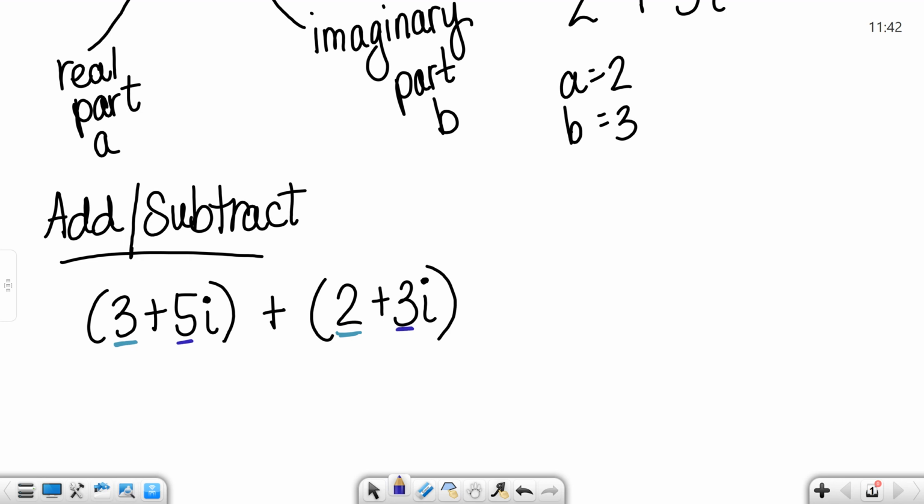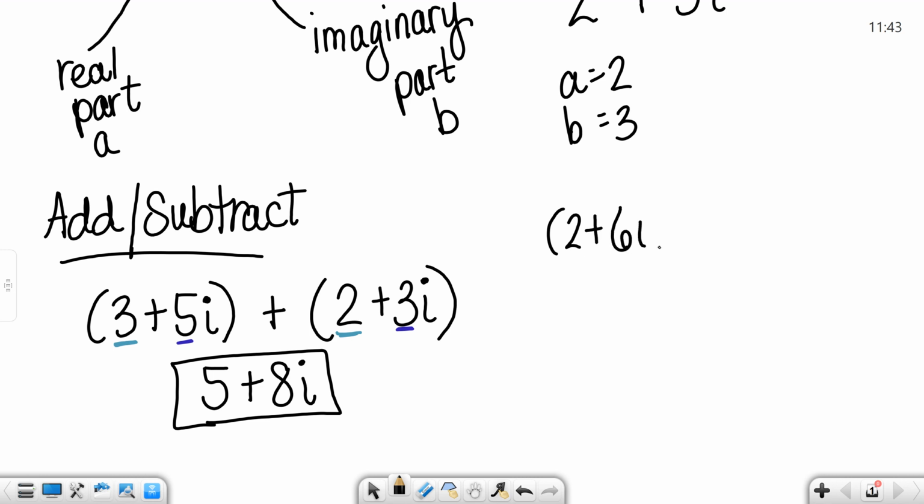The 5 and the 3 are our imaginary parts. So the 3 plus 2 gives me 5. The 5 plus 3 gives me 8, and bring that i with it. I added the real parts and I added the imaginary parts. And my answer is still in standard form.